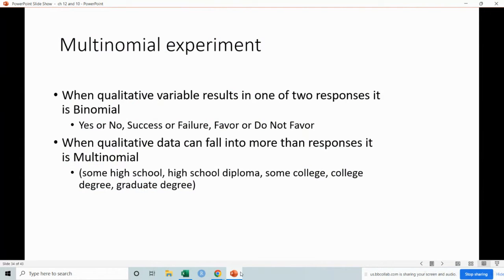So that can be yes or no, success or failure, favor, do not favor, anything that has a binomial response where it's on or off, or there's only two forms. When qualitative data can fall into more than one response, it's called multinomial. So in this example, you have some high school, you have finished high school, you have some college, you finished college, or you've gone on to get a graduate degree.